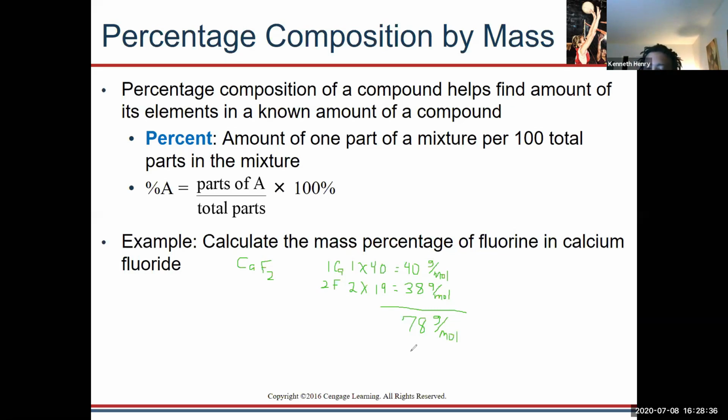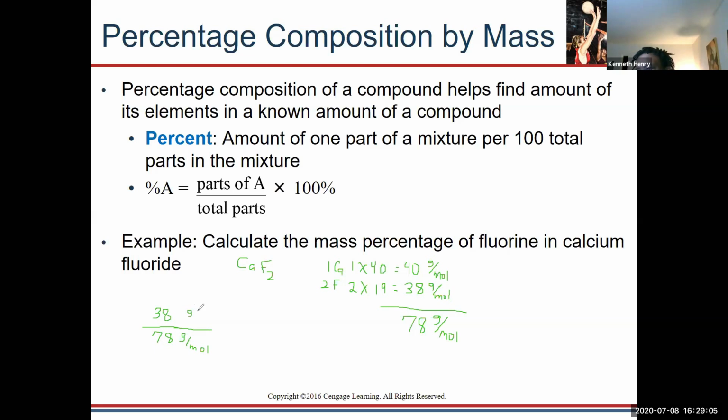So 78 is our total, right? This 38 is the fluorine in calcium fluoride. So all we do is put 38 divided by our total, which is 78, times 100.